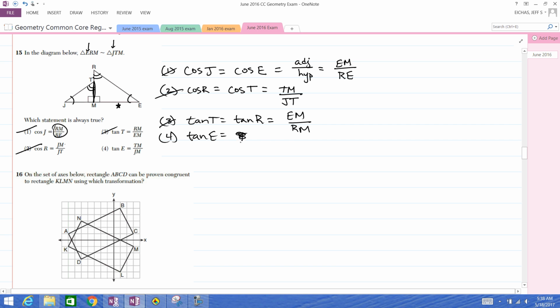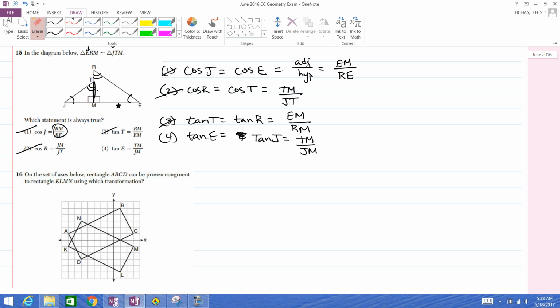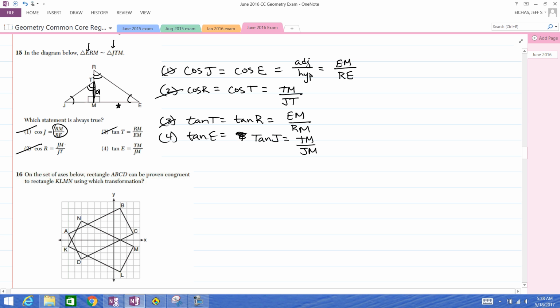Tangent of E is the same as tangent of J. That'd be TM over JM. There it is. Yep, because that is opposite, and that is adjacent to J. Sorry, I was on the wrong angle. Opposite of J would be right here. Adjacent to J would be right there. So that's why that's tangent.